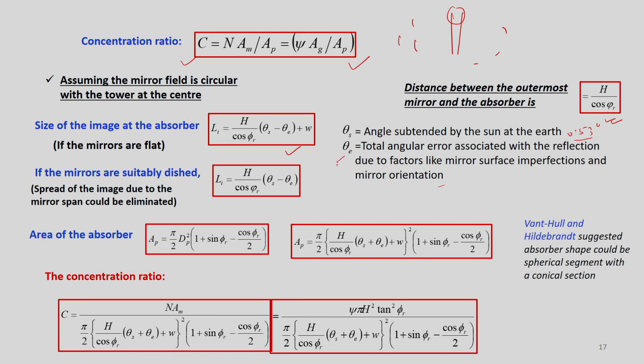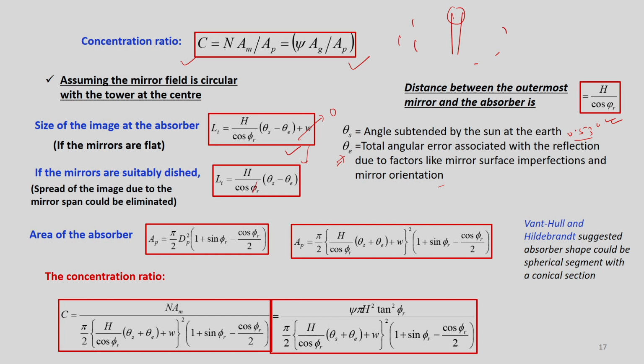So, this has to be accounted for in order to calculate the size of the image at the observer. Now, if the mirrors are suitably dished, then W will be 0. So, under this condition the size of the image will be Li equal to h by cos of phi r times (theta s minus theta e).